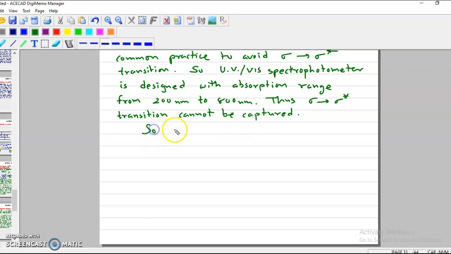So alkanes are transparent for UV visible spectroscopy.